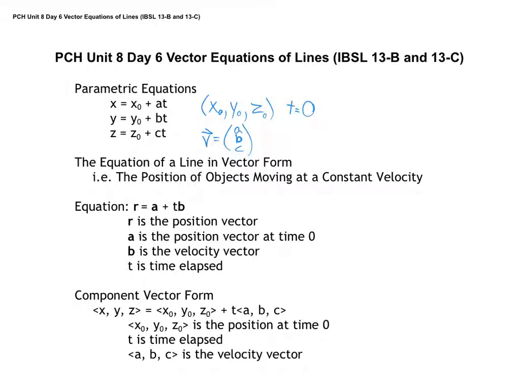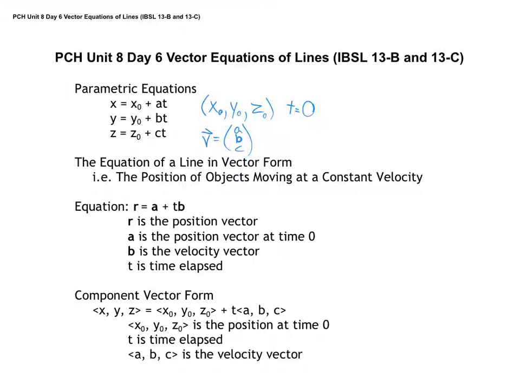So, we have this equation here. R is our result, or the line that we're going to have, and that is given by the position vector at time 0. In other words, that point we can write as a position vector, x sub 0, y sub 0, z sub 0. B is our velocity vector, and t is just the scalar for time. So we could write it as r equals a plus tb.